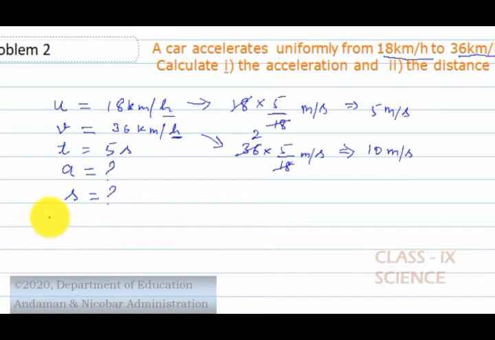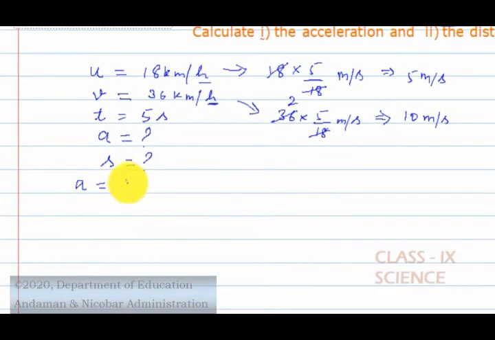As we know the formula of acceleration, right? A is equal to final velocity minus initial velocity, which is the change in velocity, divided by time. As you can see in the question, final velocity is given, initial velocity is given, and time is also given. So by substituting the value of v, u and t, we can find the acceleration. So A is equal to final velocity, now 10 meter per second, minus initial velocity, 5 meter per second, divided by what is the time?